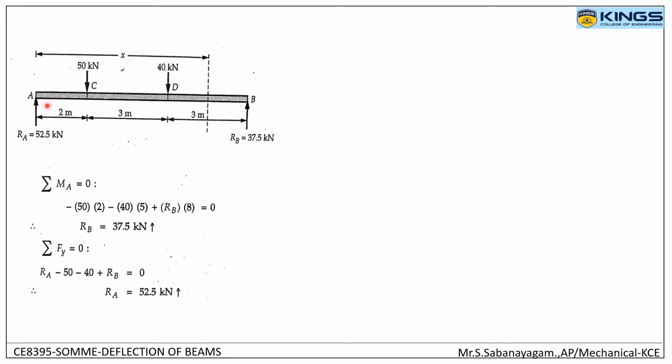As we know, the assumptions in the beam theory are summation of moment is equal to 0 and summation of forces equal to 0. Moment is nothing but load into perpendicular distance, right? So minus 50, since we consider the anti-clockwise direction, the point loads will be negative.